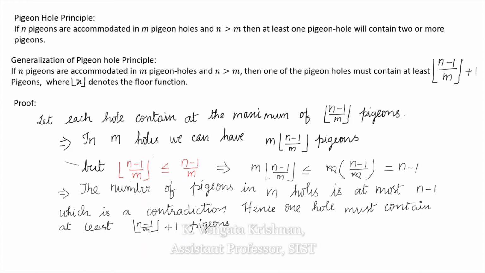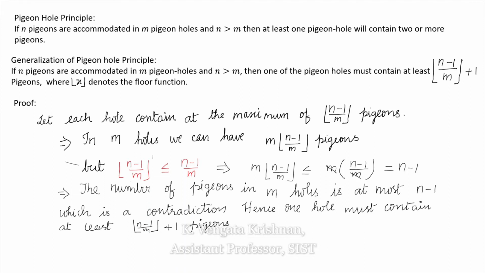But we all know the floor function of x is less than or equal to x. For example, the floor function of 1.2 is 1, that is, 1 is less than or equal to 1.2.